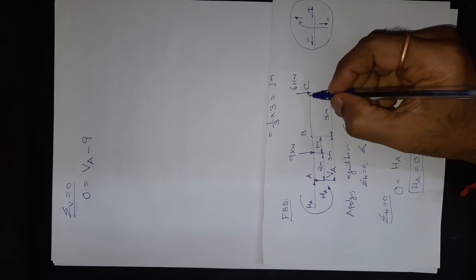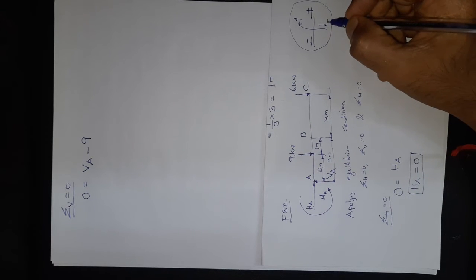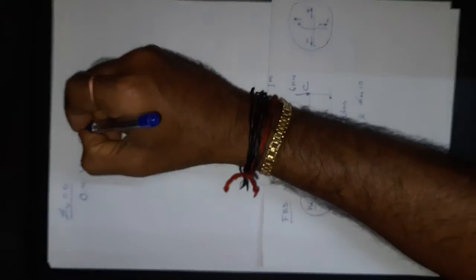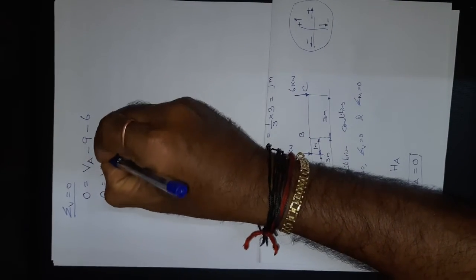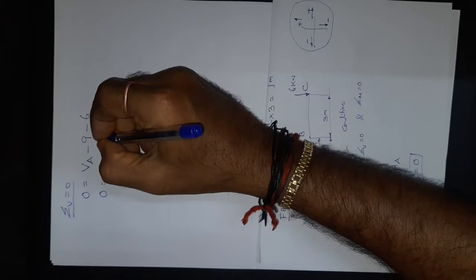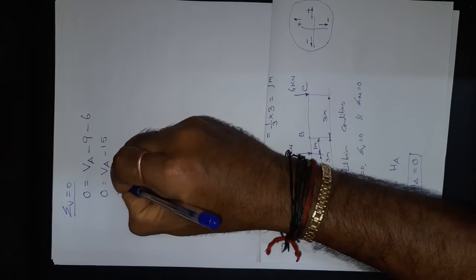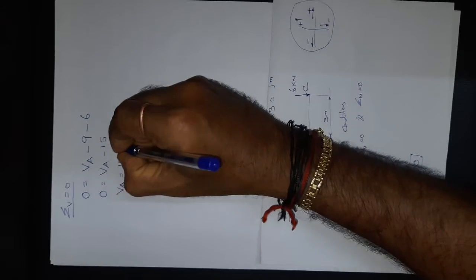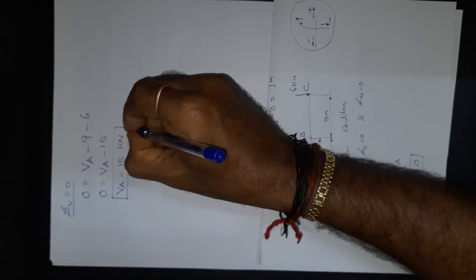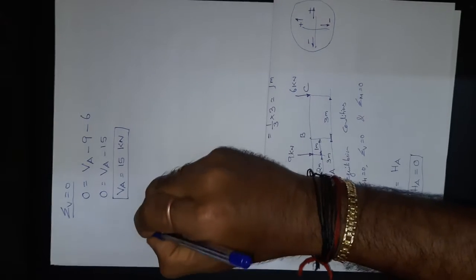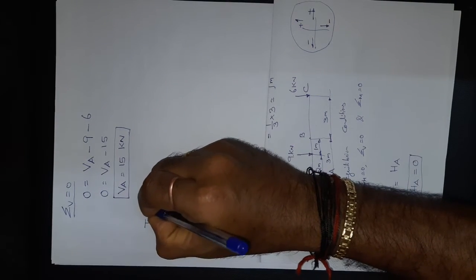Then this 6, which is in the negative y direction, so minus 6. So 0 is equal to VA minus 15. Therefore VA equal to 15 kilonewton. Right.